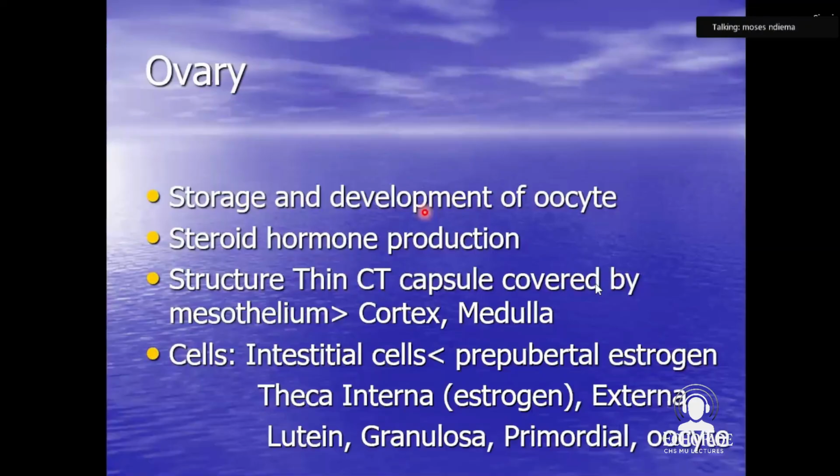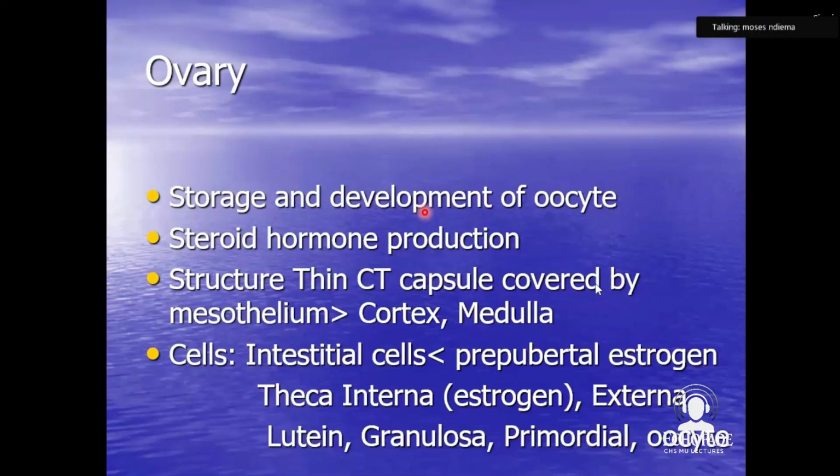The other cell types that we have are the follicular cells. We'll be talking about those shortly. Follicular cells are derived from the ovarian sex cord cells from the coelomic epithelium.